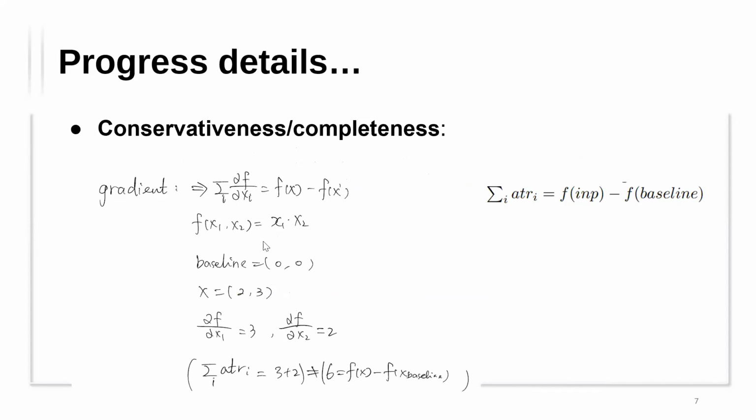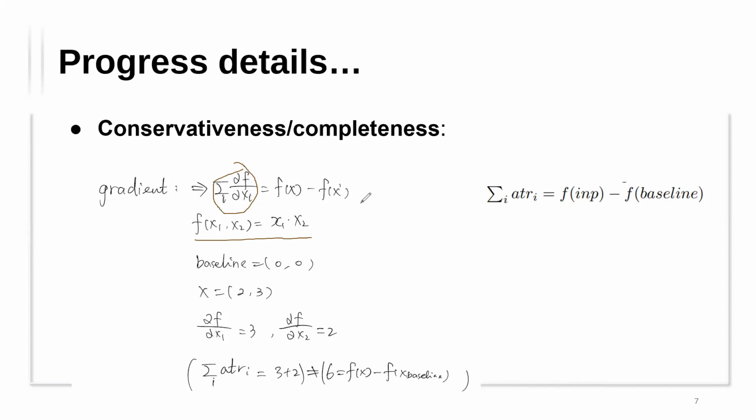Suppose we have a function f equal to x1 times x2. The sum of all the attributions should equal f(x) minus f(x prime).